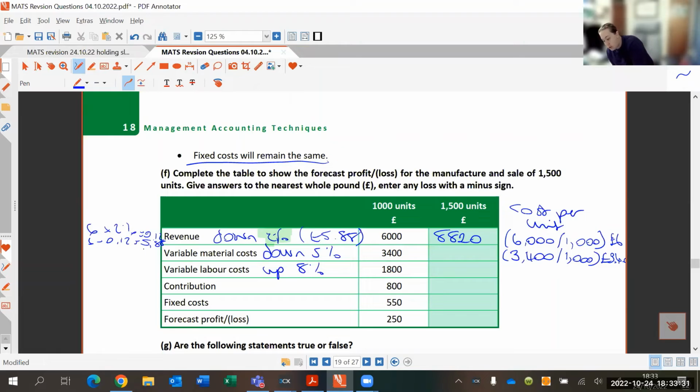Again, similar to what we did with the revenue, we can look at our variable as £3.40 times by 5% this time, which comes out at 17 pence. Then take that off.